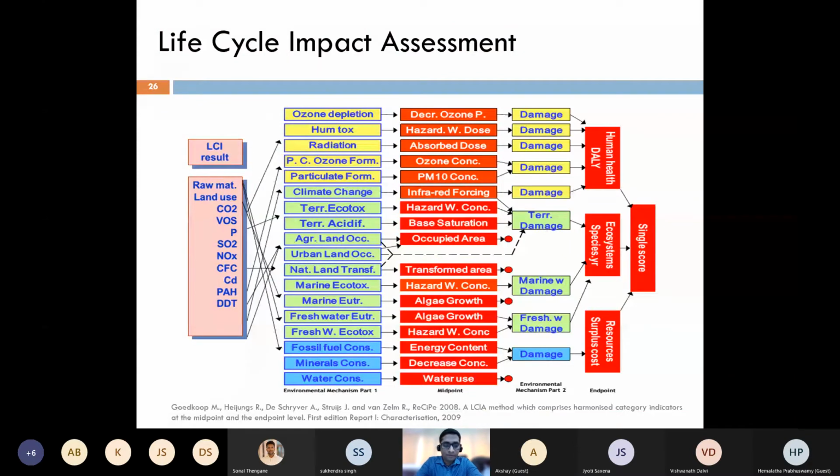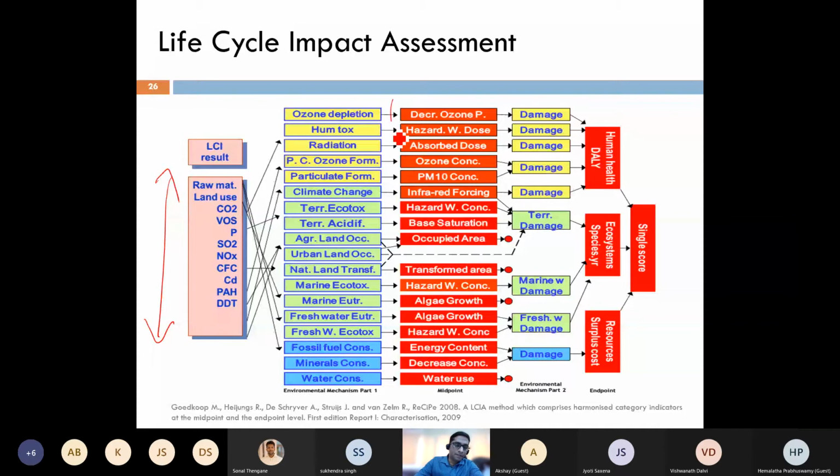Again, this is an example of one of the methodologies for life cycle assessment, which is the most extensive one, and it has quantified many endpoints and midpoints. So if we have all these emissions coming from our process, it could be in terms of different gases such as CO2, volatile organics, phosphorus, SOx, NOx, CFCs, or different fertilizers.